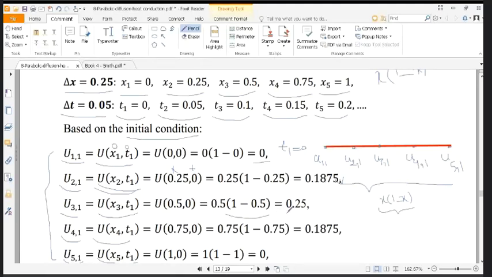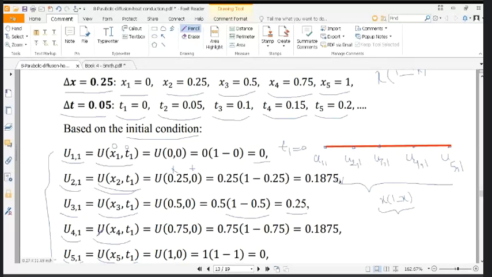the result is 0.25. For the next point, u4,1, meaning u at x4 and t1, x4 is 0.75 and t1 is also 0.